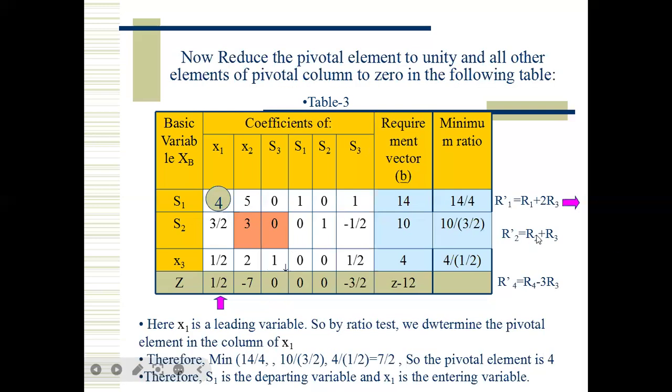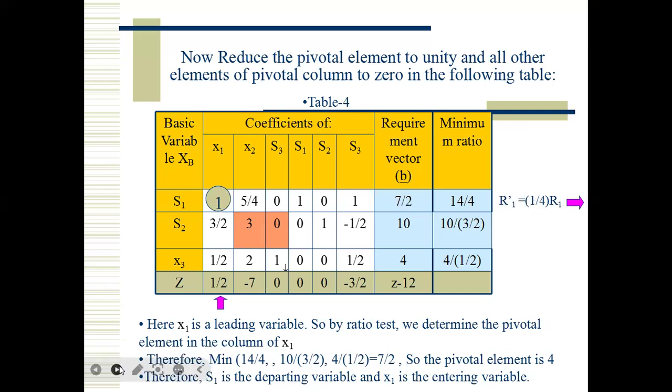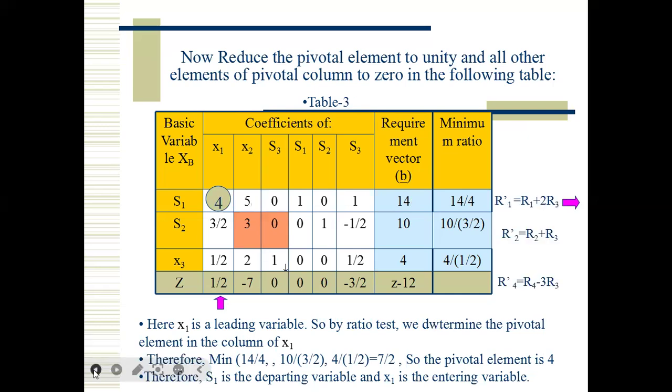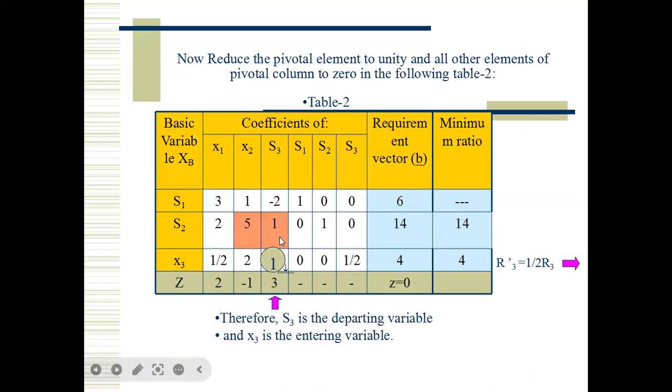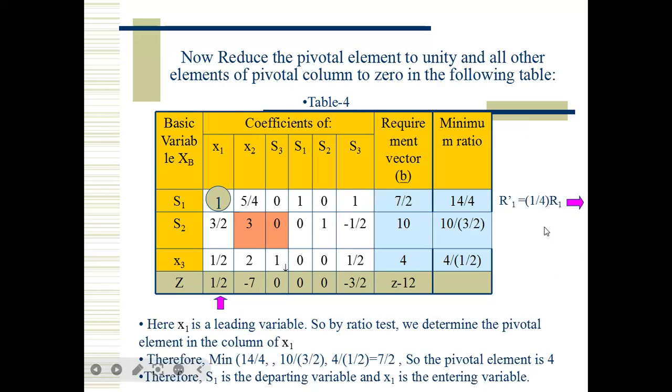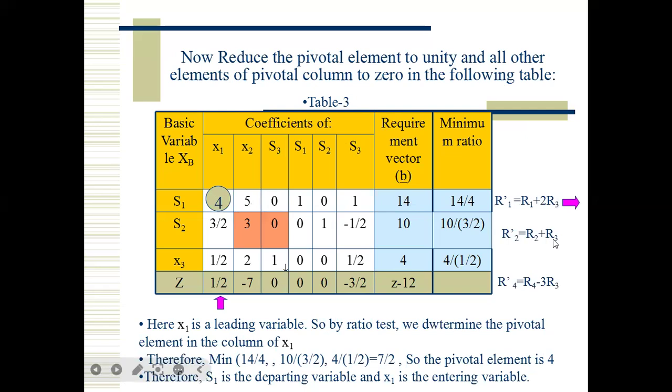So R2 plus R3 will be given by the second row, and this becomes 0 if we take the minus here. This is actually R2 minus R3.